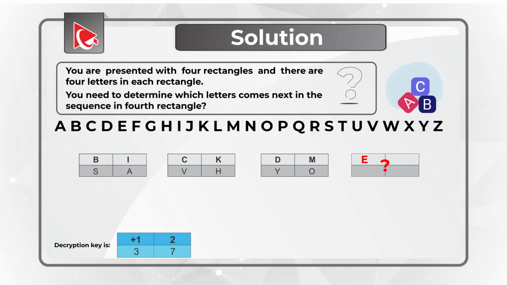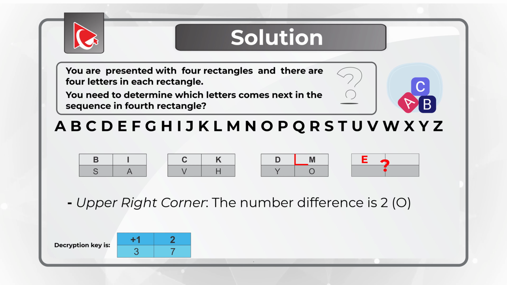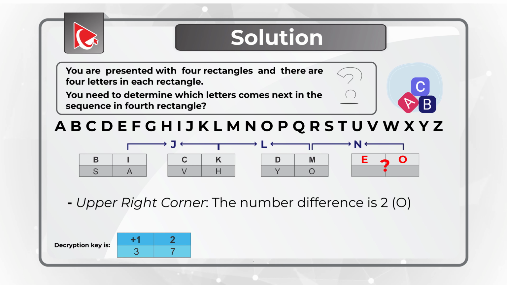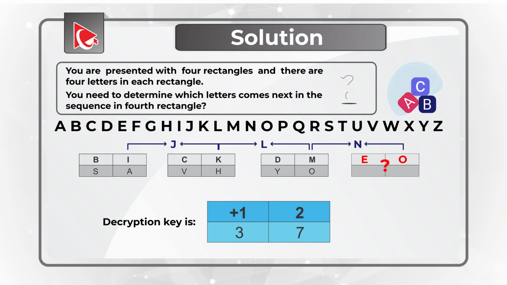Now let's look at the upper right corner of the rectangles. In the main sequence, the letters are I, K, and M. And if you know the English alphabet, H, I, J, which is missing, K, L, next is M, and O, which means that the increment is 2, which matches the second number in our decryption key.